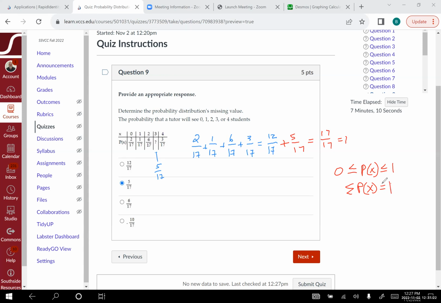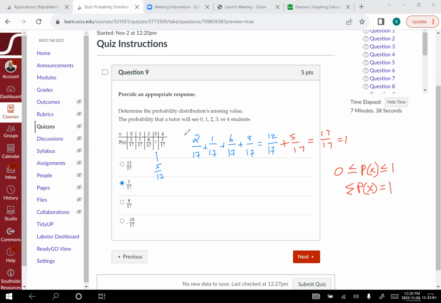So are you saying it can either be 0 or 1? Or are you saying it can only be 1? An individual probability, just one of the single ones, can be 0 or 1. Now, if one of the probabilities is 1, then all the rest of them have to be 0 because it has to add up. But Jalen, for this specific question, you're exactly right.